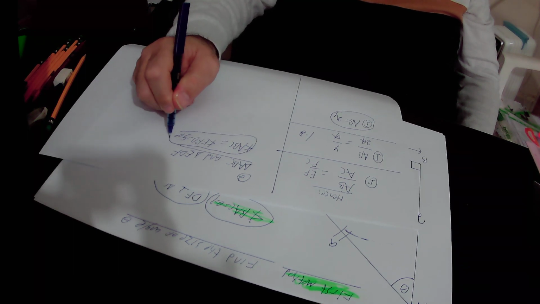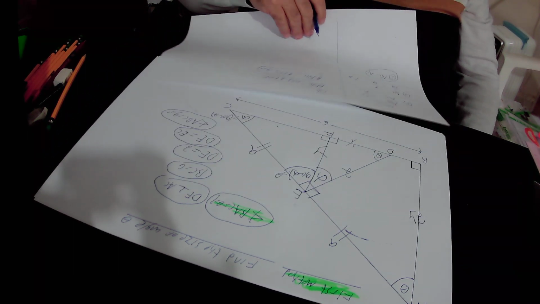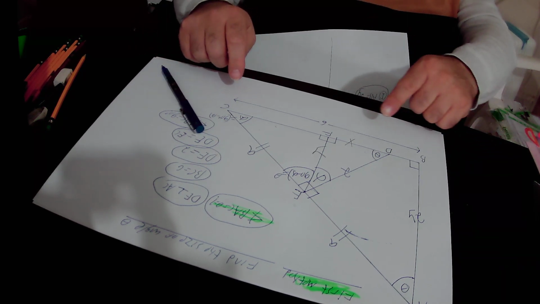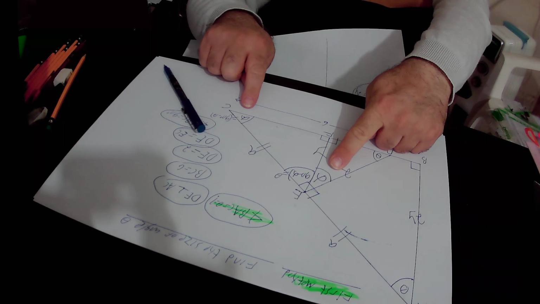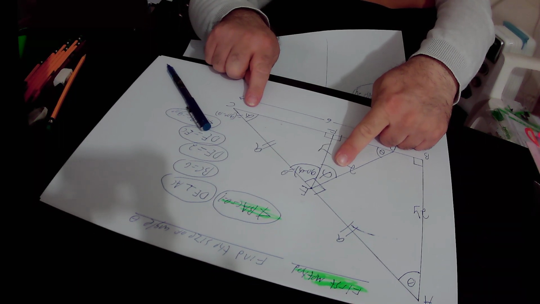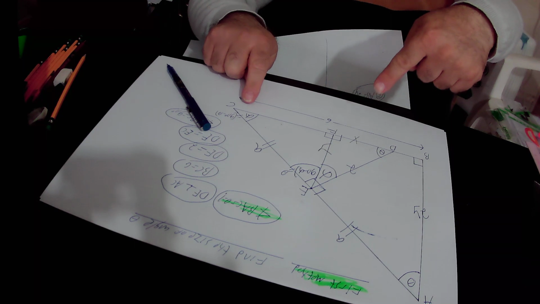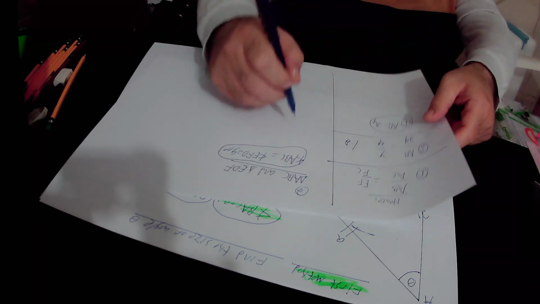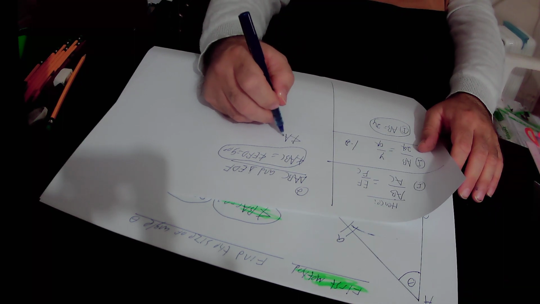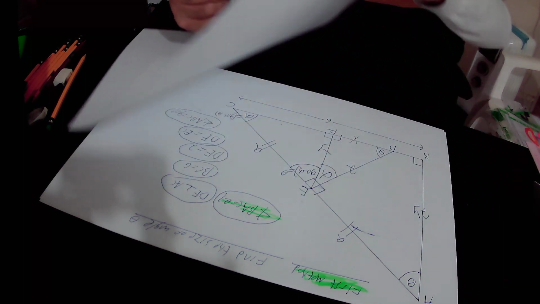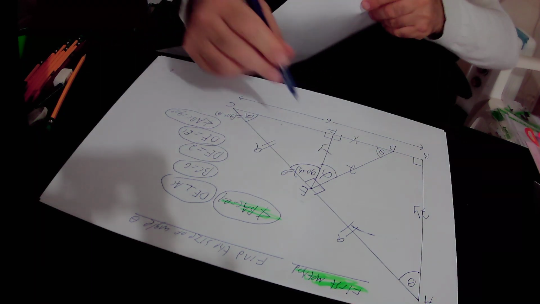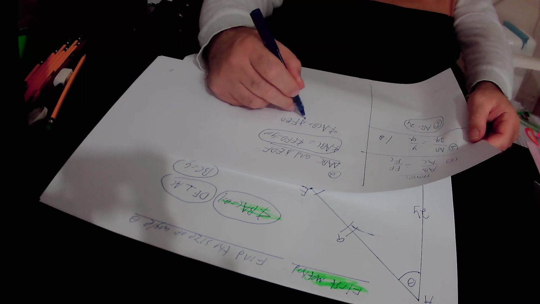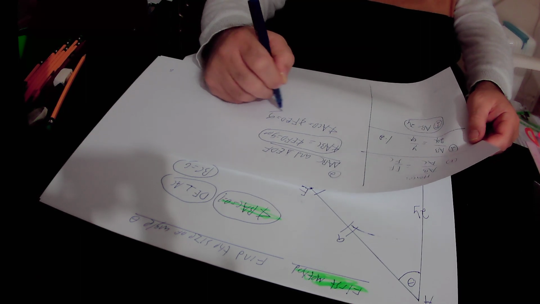In addition, those two angles are equal to each other, they are both equal to alpha. So angle ACB in triangle ABC is equal to angle FED, this angle, and both angles are equal to alpha.